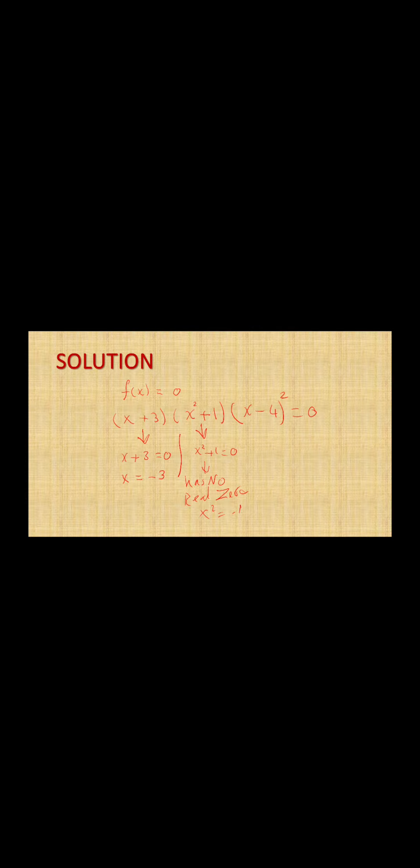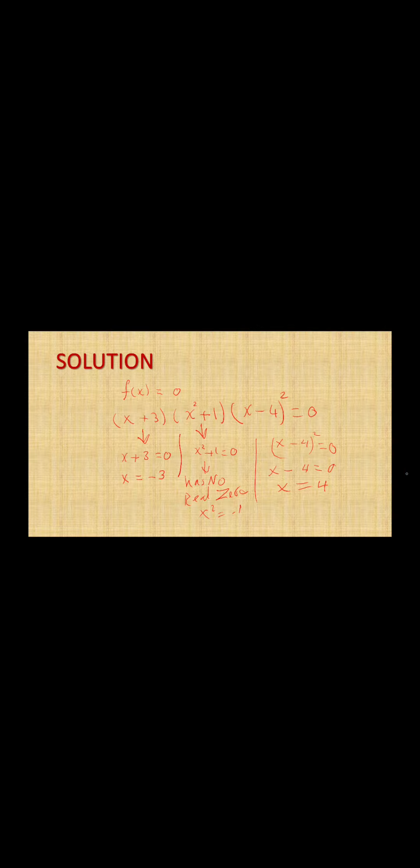This is imaginary, not real. And here (x minus 4) squared is 0, so you find the solution by taking the square root. It will be x minus 4 equals 0, so x is equal to 4.